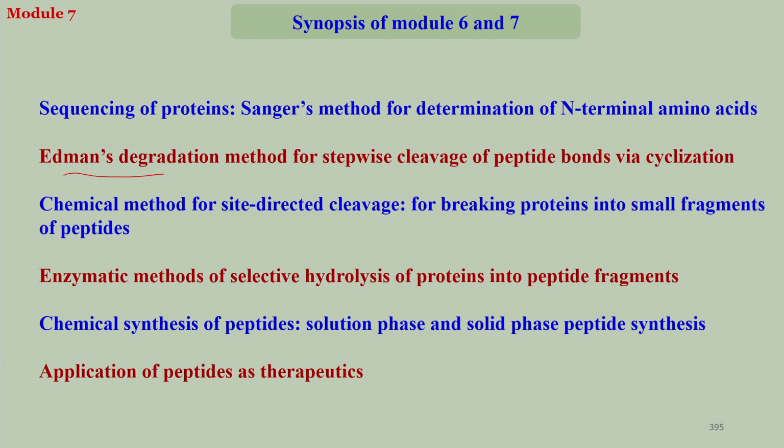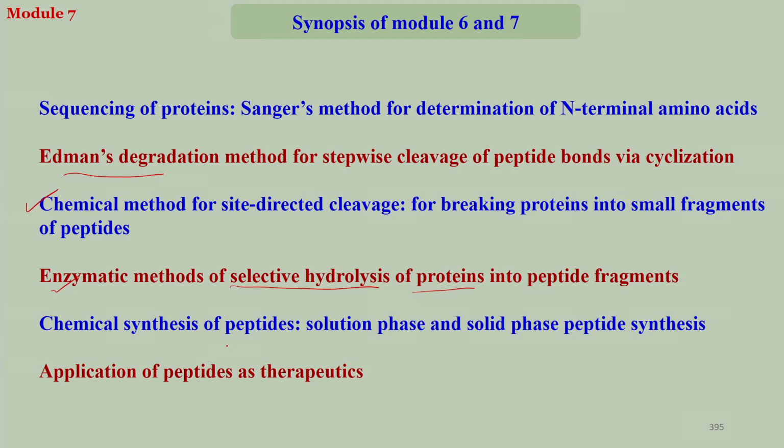Then we have seen how we can break the full protein into shorter fragments, and there are chemical methods for it, for site specific cleavage. There are enzymatic methods for it, where selective hydrolysis of the peptide bond occurs, so that you can break a protein into smaller peptide fragments.